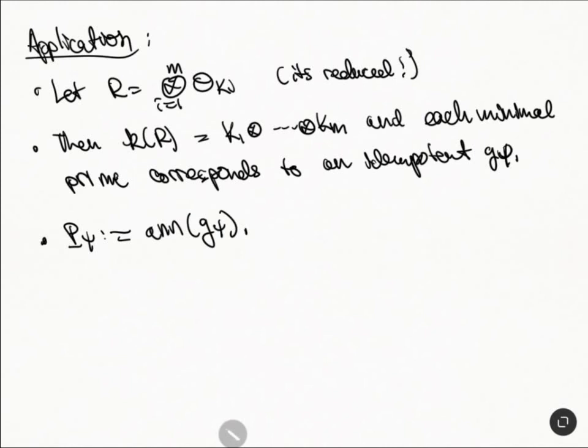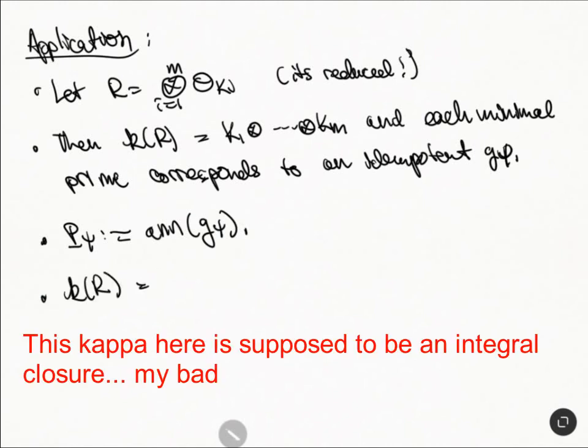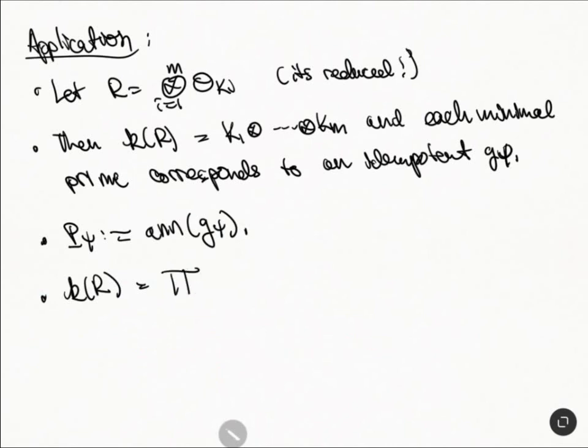Okay, and now we have that kappa of R, by the lemma here, is this product over psi of the integral closure of this product here. So now this breaks into a product of a bunch of L's, of R mod p_psi.